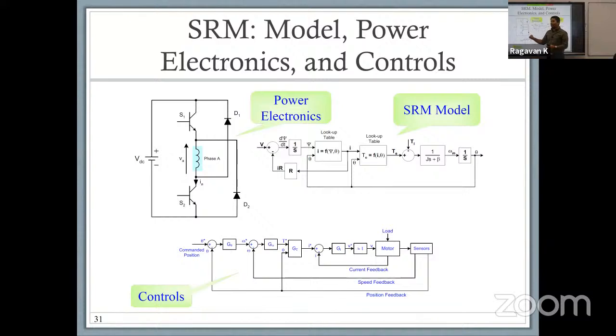The problem happens if you have an overlapping time between S1 and S2, because you are turning off S1 and turning on S2. If they have a little bit of an overlap, this power supply gets short-circuited. So in the SRM, because of this configuration, this converter is inherently reliable and can eliminate shoot-through failure completely.